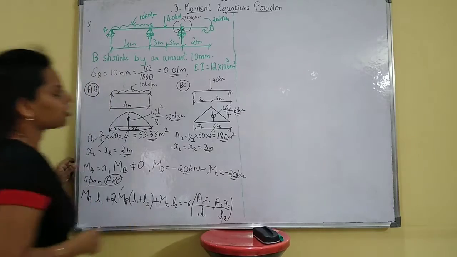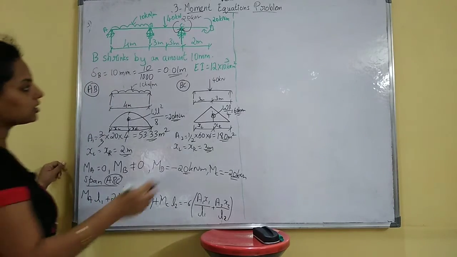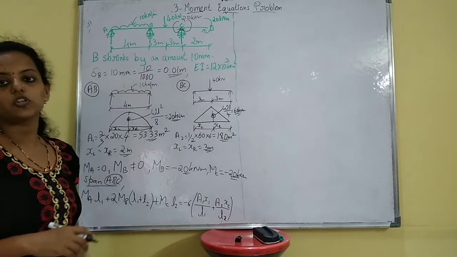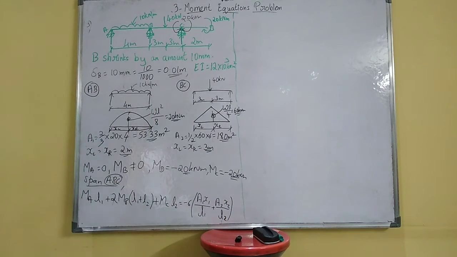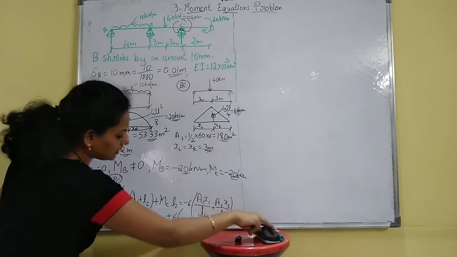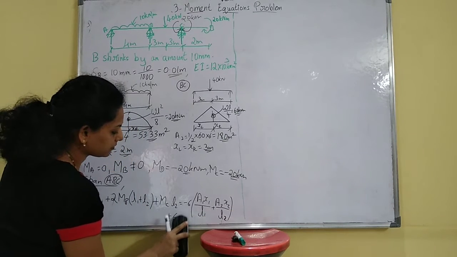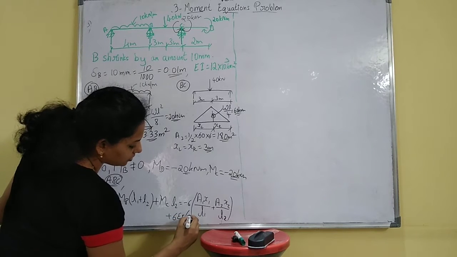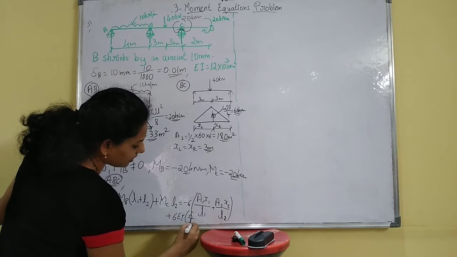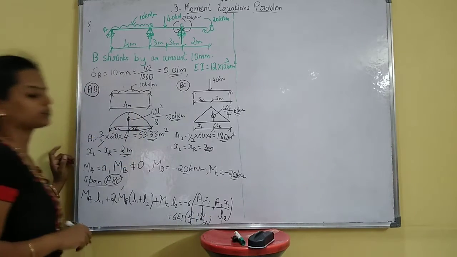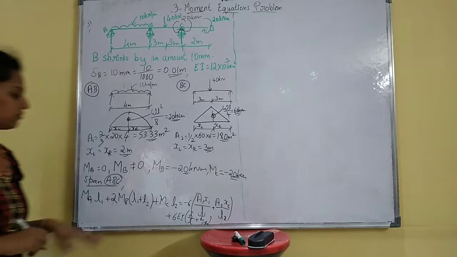This is the general formula, but here settlement in the beam is there, so you have one little change in the formula. You add plus 6 EI into delta 1 by L1 plus delta 2 by L2. Okay, this is the formula.